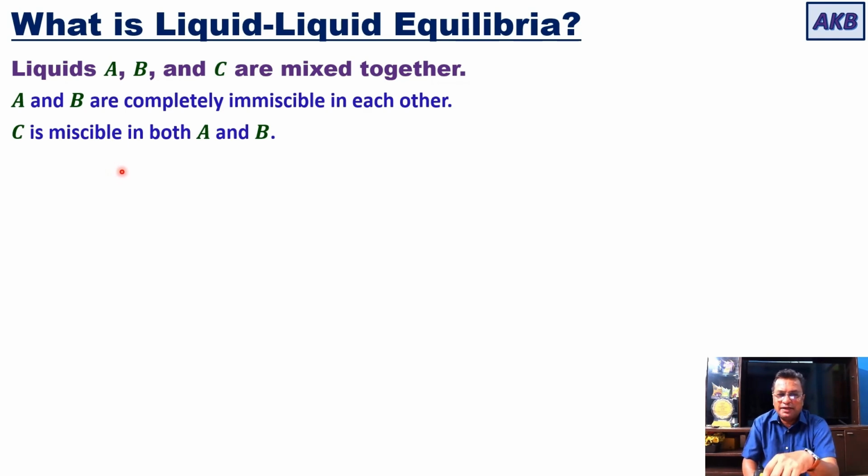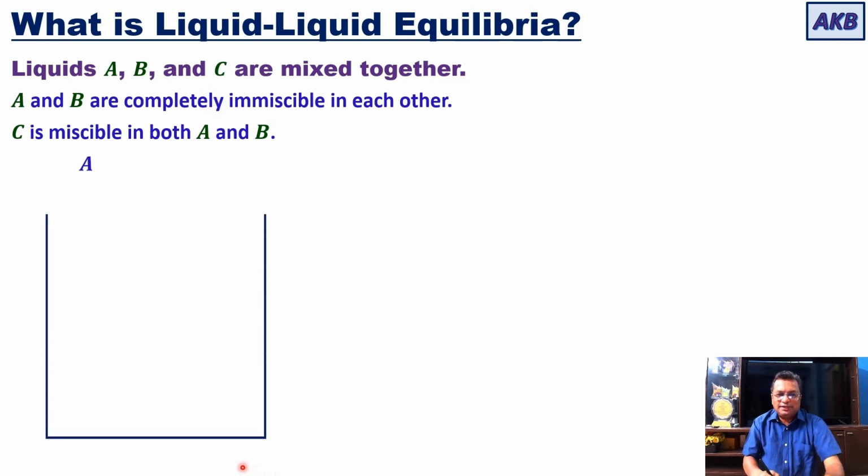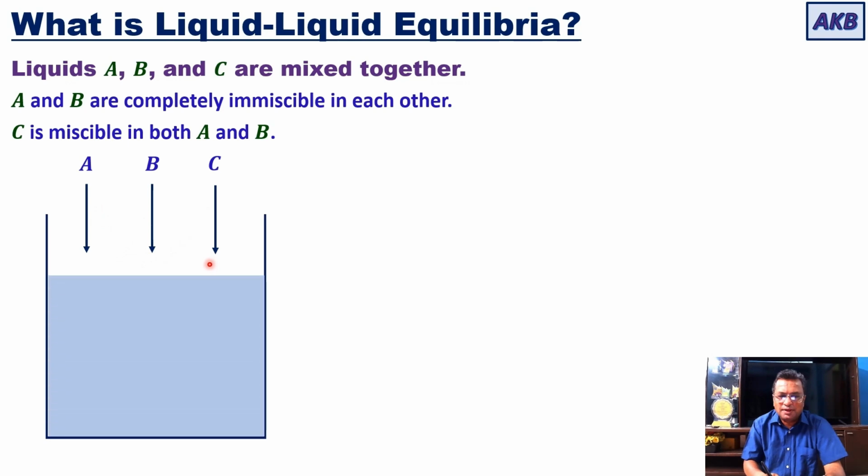Now let us understand, if these three liquids are mixed together, then how equilibrium is reached in this system. So let us say that we are mixing liquid A, liquid B, liquid C, and then the resulting mixture is properly agitated, and then it is allowed to settle.